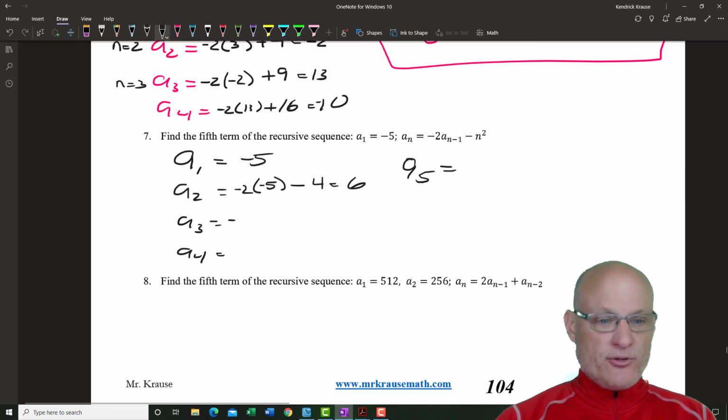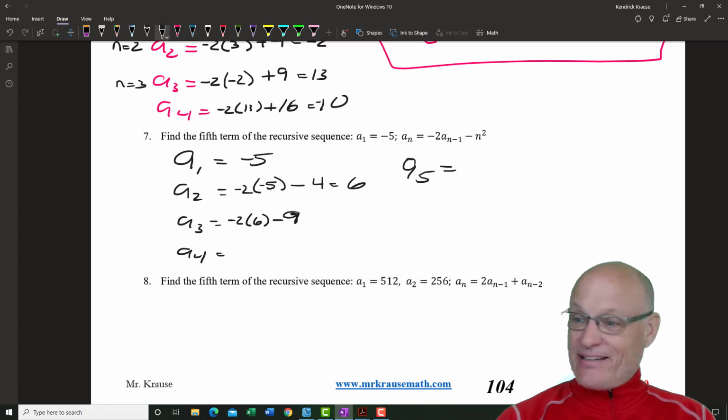So then negative 2 times 6, in this case we're subtracting 9. So negative 12 minus 9 is negative 21.